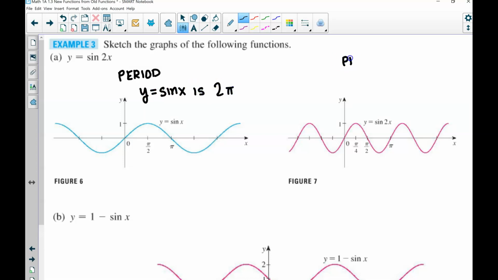And then over here, the period is for y equals, again, the sine of 2x, because that's the function. And so the period would then be 2 pi divided by 2, which is equal to pi.